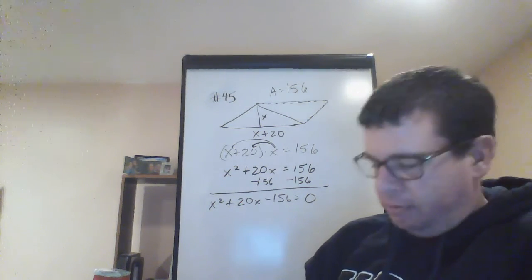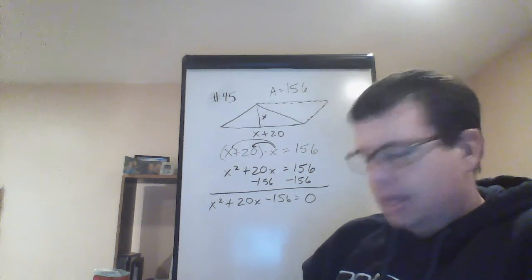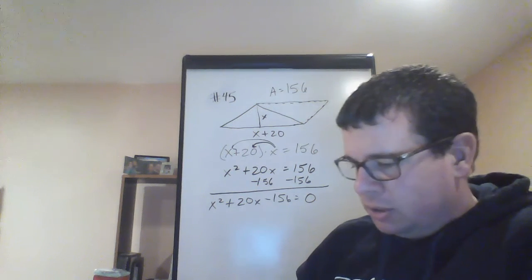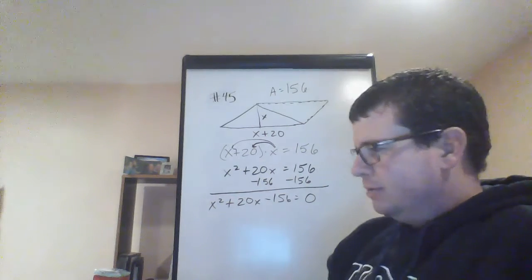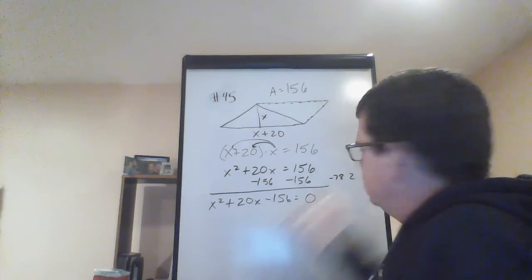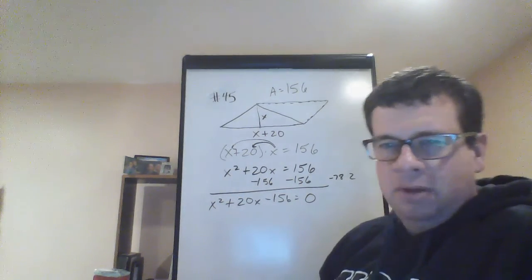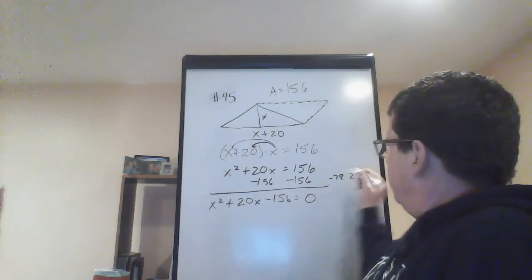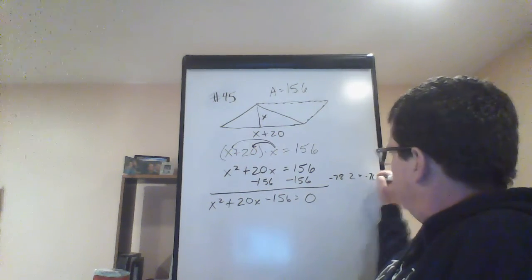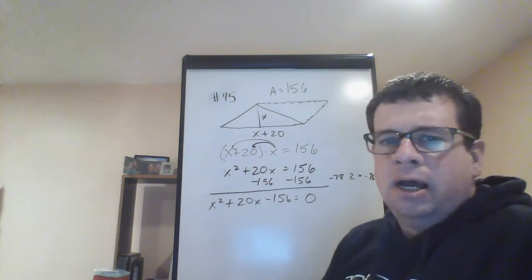If I start looking at the factors of negative 156, I see that it's even, so I divide it by 2, and I've got negative 78 and 2. Those multiply together to give me negative 156, but they add together to give me negative 76.